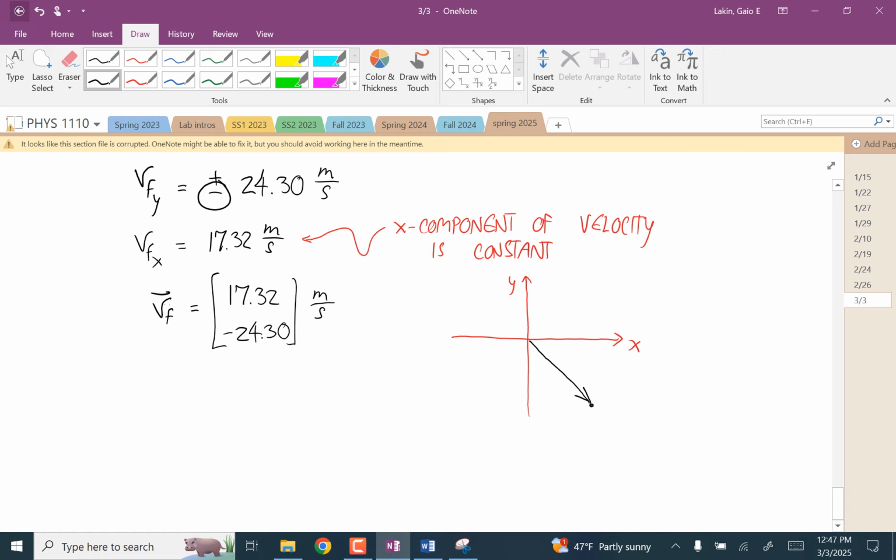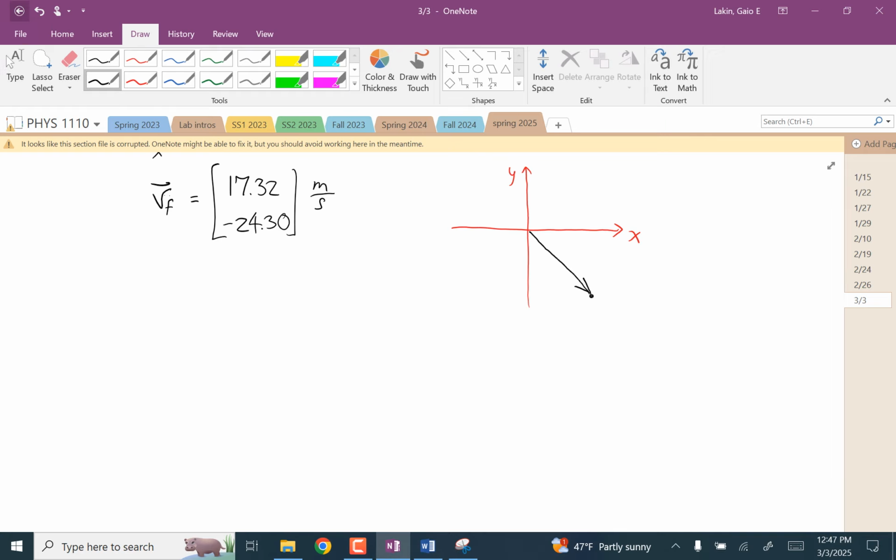Now, the last thing I want to do today is talk about something that is basically what the lab this week is going to be about. This is an intuitive understanding of acceleration in 2D.